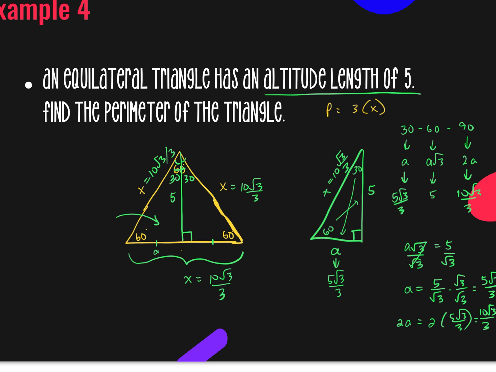And if I'm doing my perimeter, it's 3 times 10 radical 3 over 3, because that's what x equals. Thankfully, this 3 and this 3 cancel, and my perimeter is just 10 radical 3. And that is my final answer.